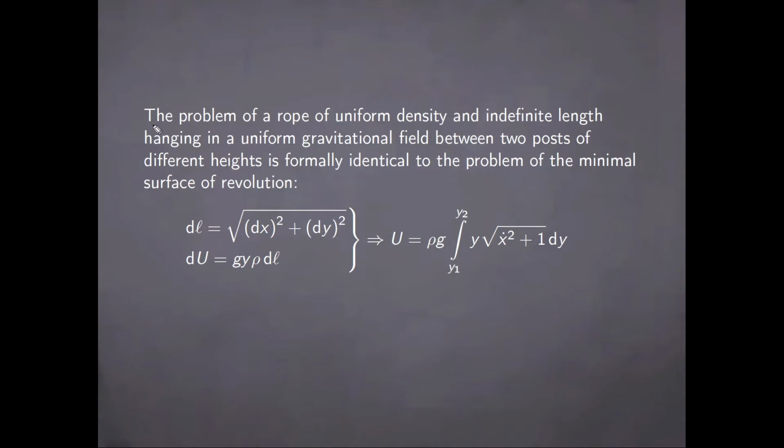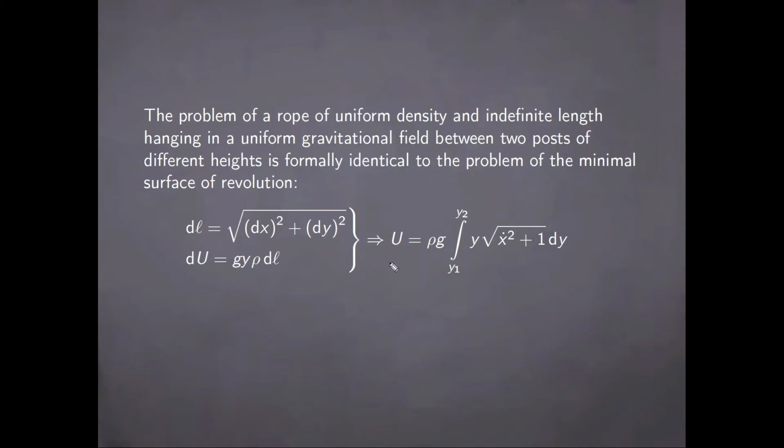And as a final observation, the problem of a rope of uniform density and indefinite length hanging in a uniform gravitational field between two posts of different heights is formally identical to the problem of the minimal surface of revolution. And this is the case because the length element of the rope is given by the usual Euclidean distance, and an element of its potential energy is simply the gravitational acceleration multiplying the height of the given length element and multiplying the mass element, which is just the density that I assume to be constant and the length element.